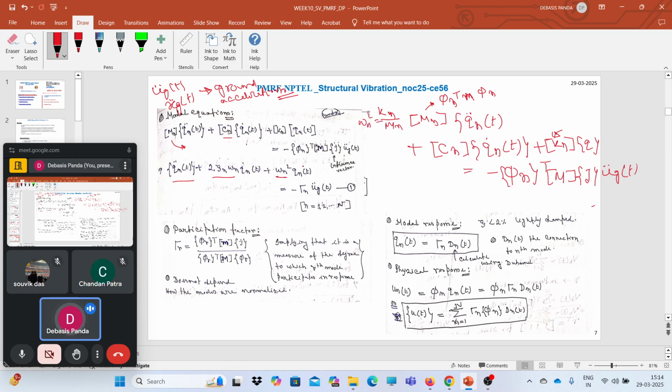So omega n square into qn equals, on that side, minus phi n transpose m, the influence vector and ug double dot.